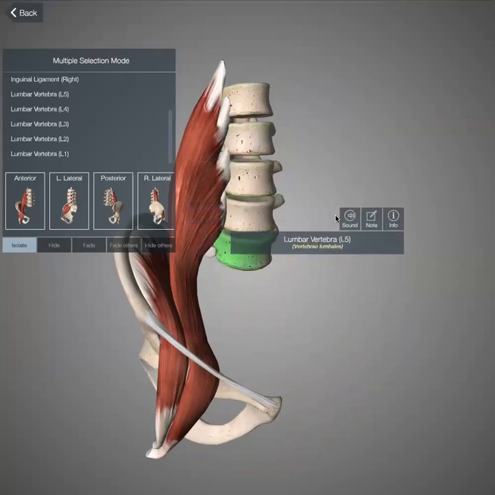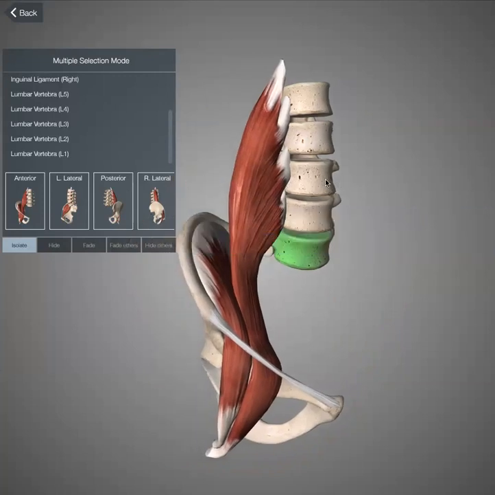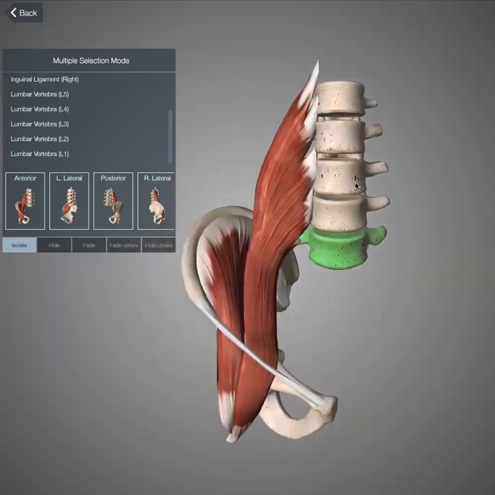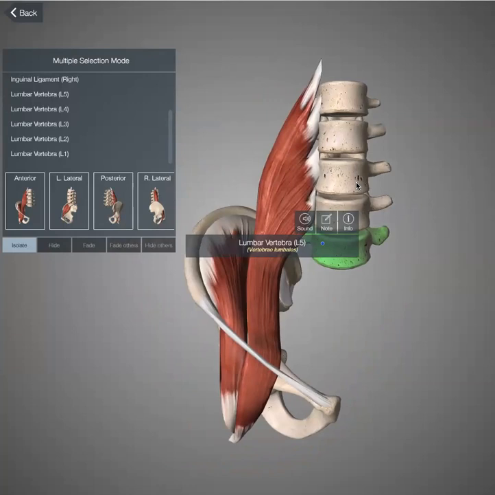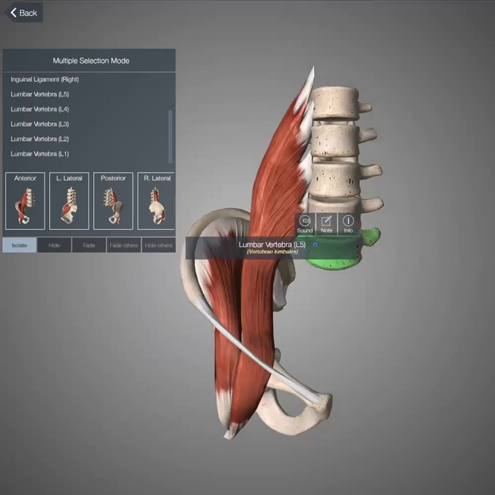And now what it does, it goes down and travels through the pubic region and under the inguinal ligament, and it inserts into the common tendon. Okay.